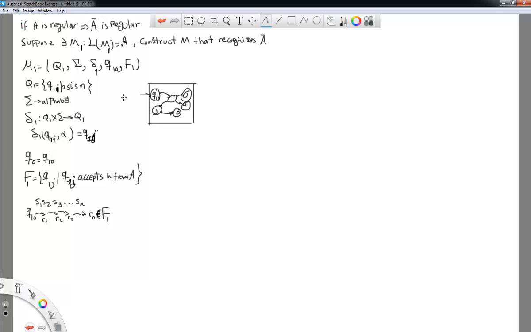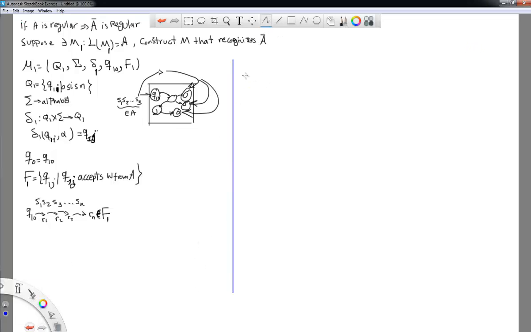So if you give it the symbols S sub 1, S sub 2, S sub 3, and this string belongs to A, then at the end of this process, you're going to be in one of these accept states.